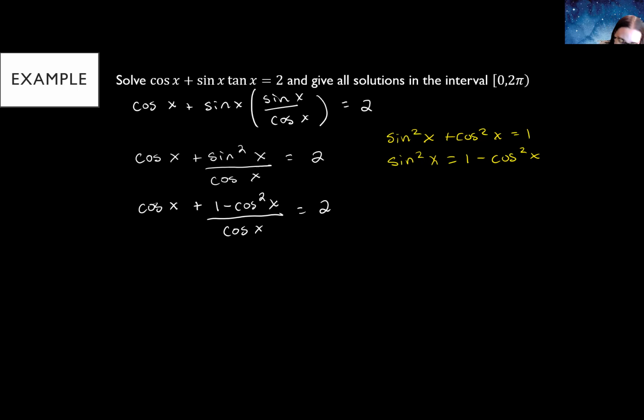Now these are over cosine x. There's a trick where you can split this fraction up. So I can have 1 over cosine x minus cosine squared x over cosine x. I'm splitting that fraction up, undoing the combining of fractions.